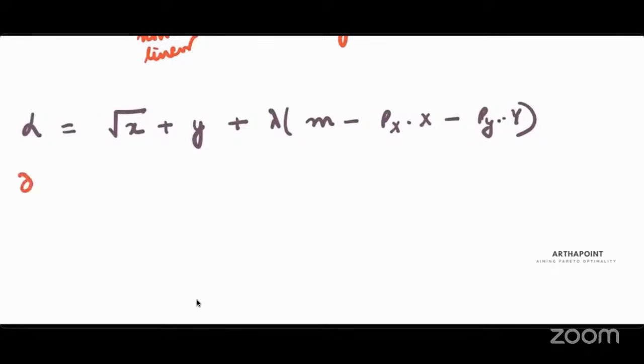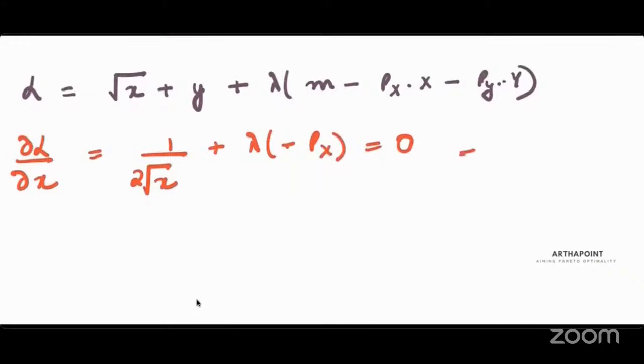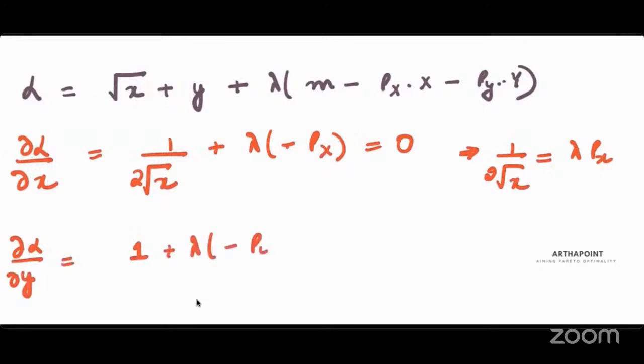So now you differentiate this with respect to x. You will get 1 by 2 root x plus lambda into minus px is equal to 0. So from here, your first equation will be 1 by 2 root x is equal to lambda px. You differentiate this with respect to y, and you will get 1 plus lambda into minus py is equal to 0, which means 1 is equal to lambda py. This is equation 2.